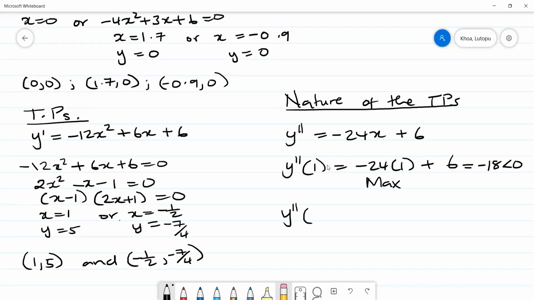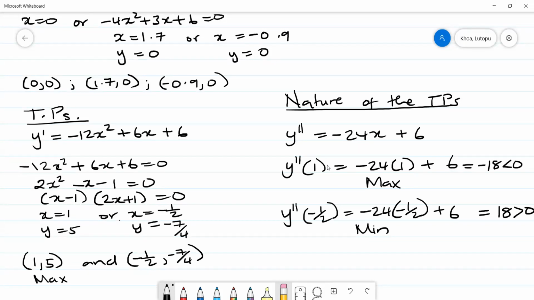Then y double prime of minus a half is minus 24 times minus a half plus 6. This gives us 18, positive, and therefore we have a minimum. So 1, 5 is a maximum turning point, and this is a minimum turning point.